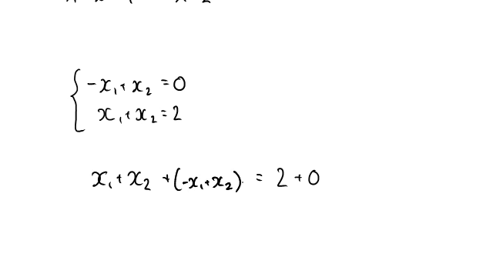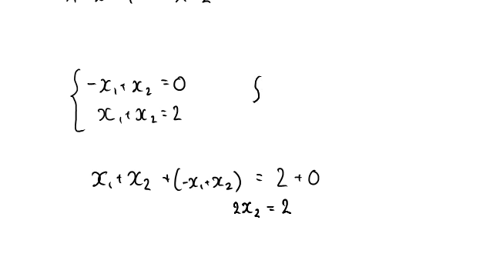That will not change the solutions. If I simplify this, I have on the left hand side 2x2 and on the right hand side I have 2. So I have now transformed the second equation into a much simpler equation involving only one unknown variable, which is simple to solve. The solution is x2 = 1.